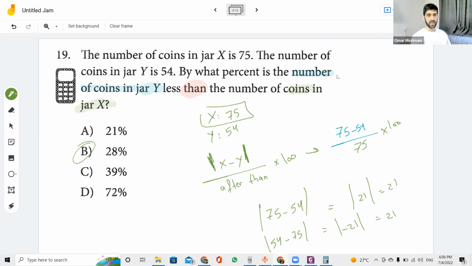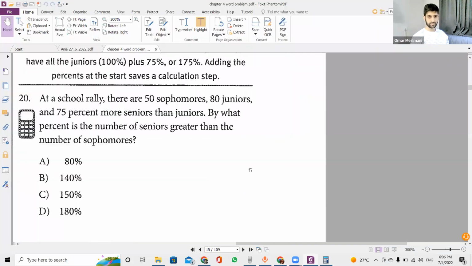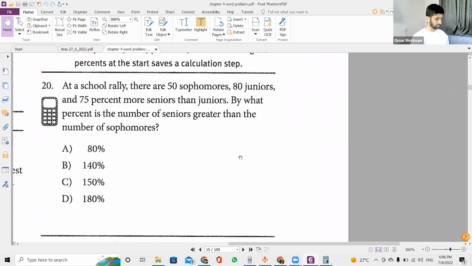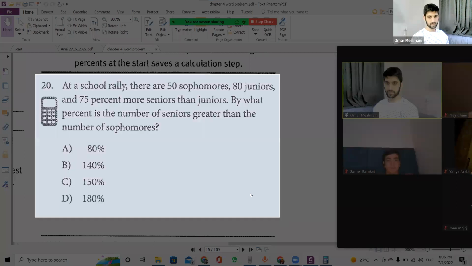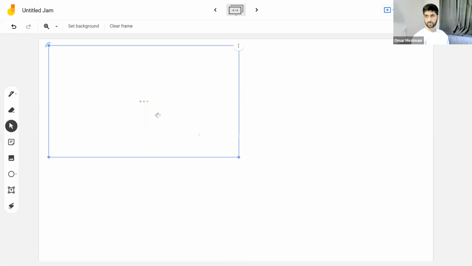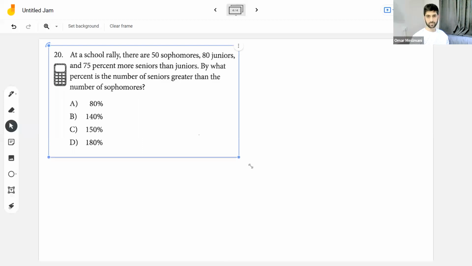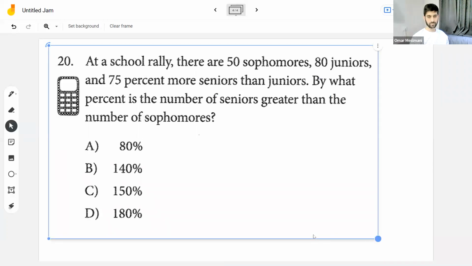All right, next one. Okay, read question 20 and let's see if you can solve it or not.